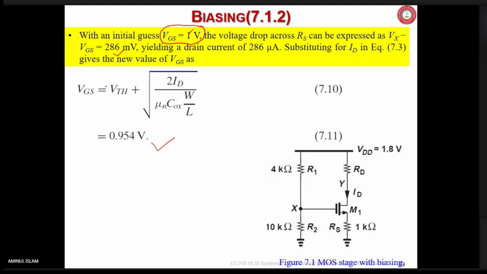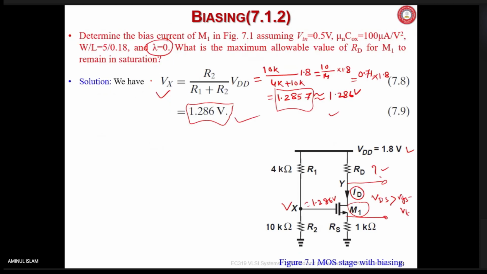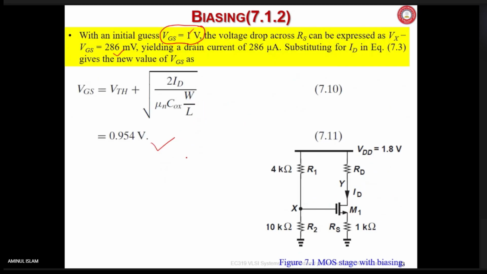From the previous value of Vx, Vx equals VGS minus the voltage across RS, that is ID RS. So we get VGS equals this value.